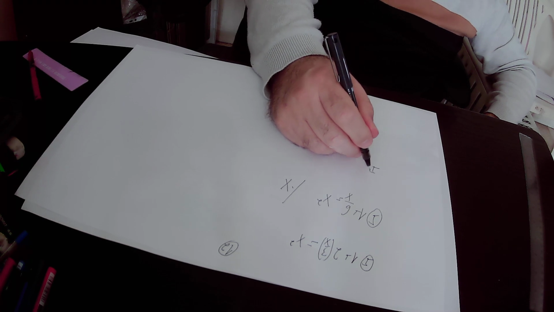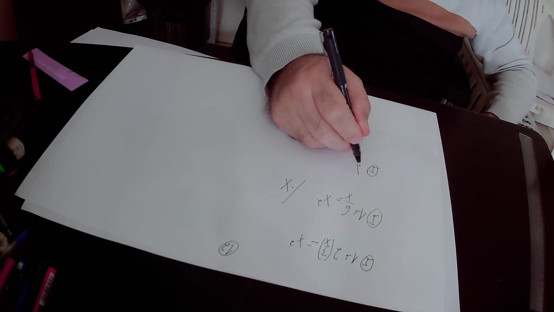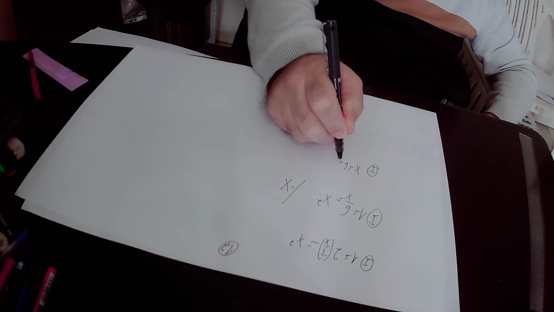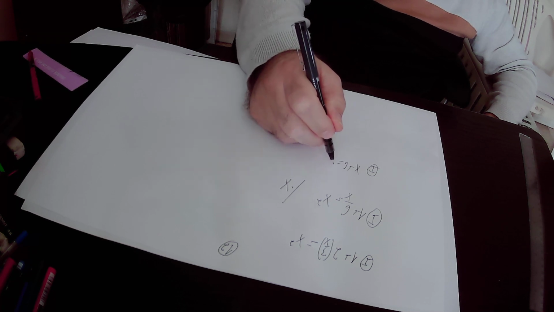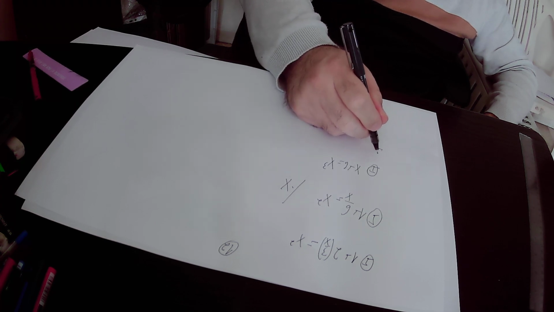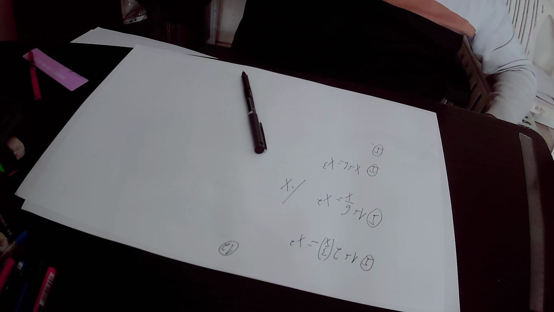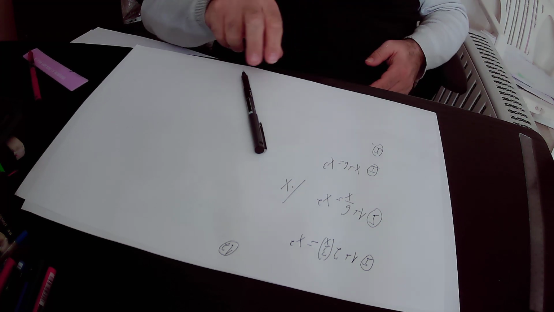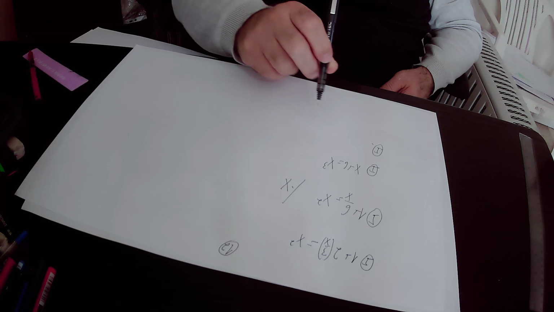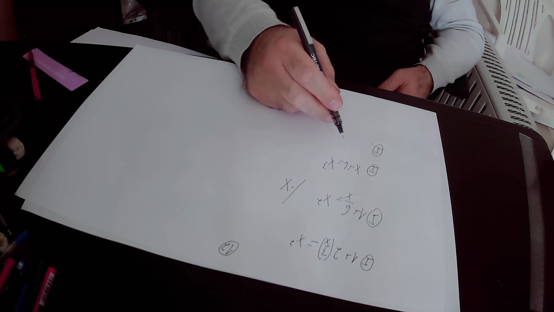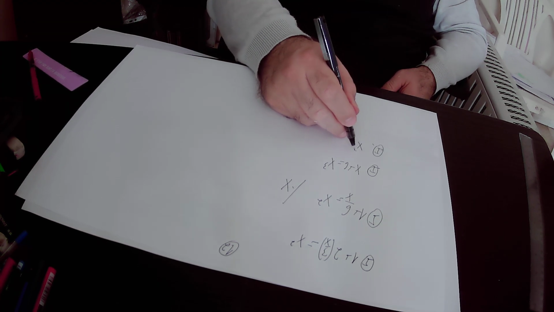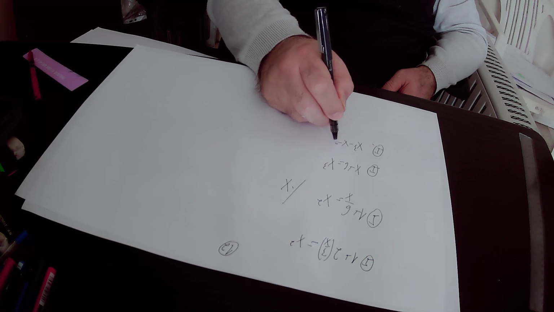So we will multiply equation number 1 by x, and we will get that x plus 6 equals x times x, which is x cubed. Here we will subtract x from equation number 1, and we will get that x cubed minus x equals 6.